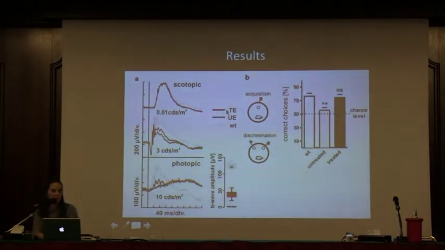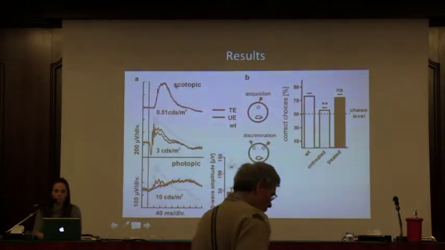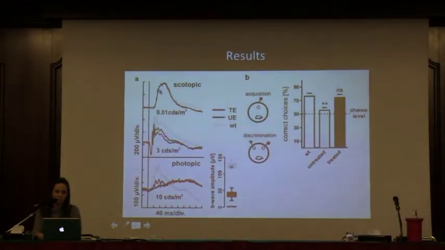In red, I don't know if you will see it properly, but the red curves are supposed to mean the treated eye, the black ones the untreated eye, and the gray columns just show a wild type, so a normal mouse, how the normal mouse response would look like. If we do electrophysiological measurements, so objective measurements of how the cells are functioning, we see that the rods are functioning normally in every case because we do not have a problem in these rod photoreceptors.